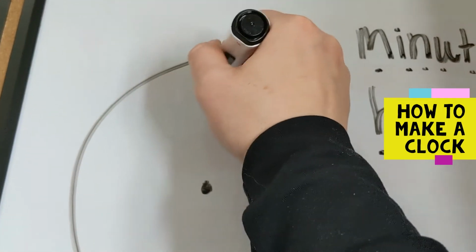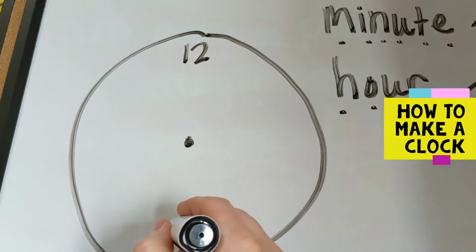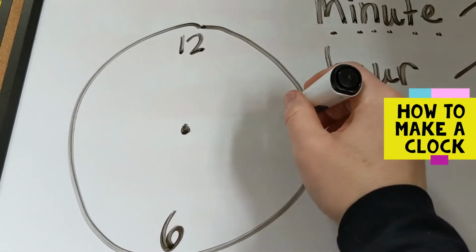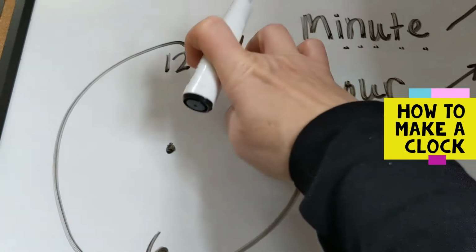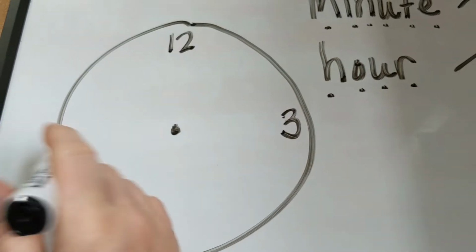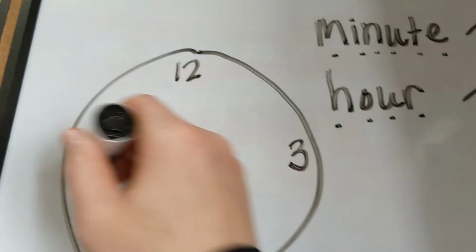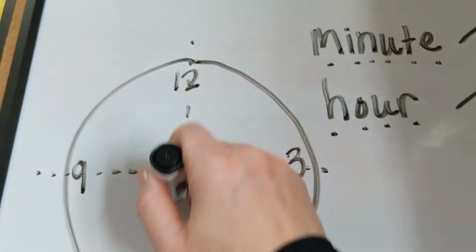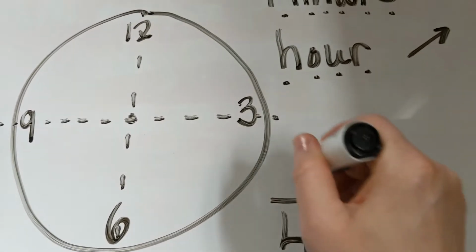So the 12 goes at the top, and then when I divide it in half, the 6 goes right beneath it, the bottom half. The 3 is going along in between the 12 and the 6, and then across from the 3, over here, I have the 9. So if you notice, I've kind of broken my clock into 4 equal pieces.